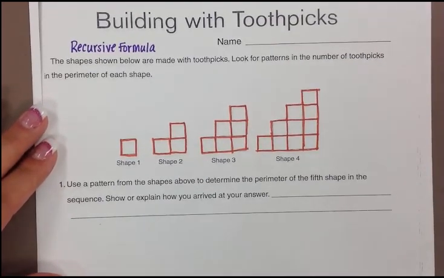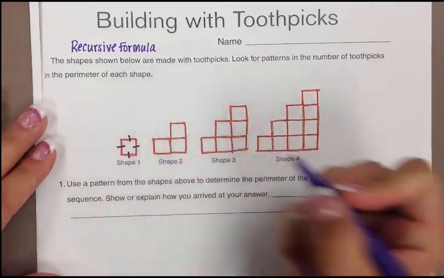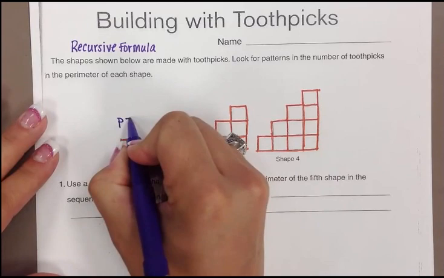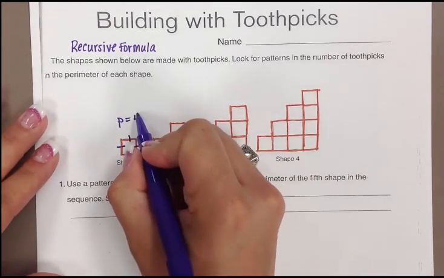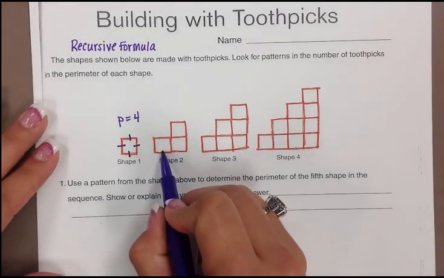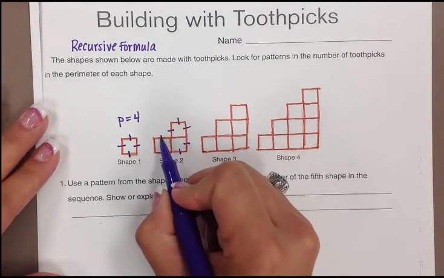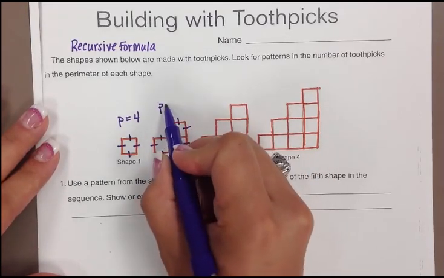So, starting with our perimeter in shape 1, counting up each side, we have 4 total sides, so our perimeter is equal to 4. Moving on to shape 2, counting up just our exterior sides for our perimeter, we are going to have a total perimeter of 8.